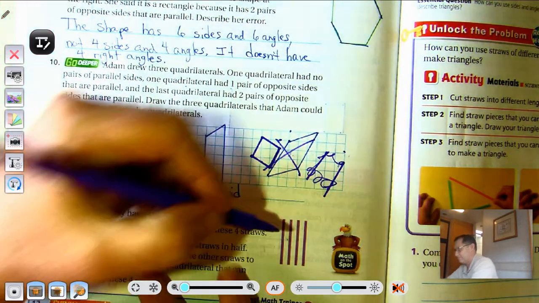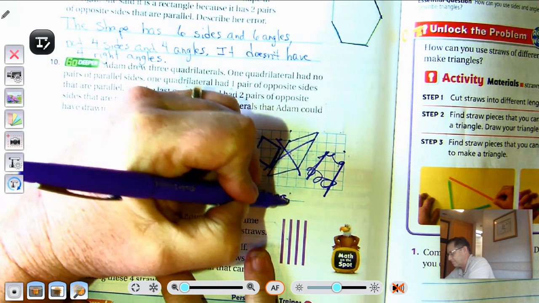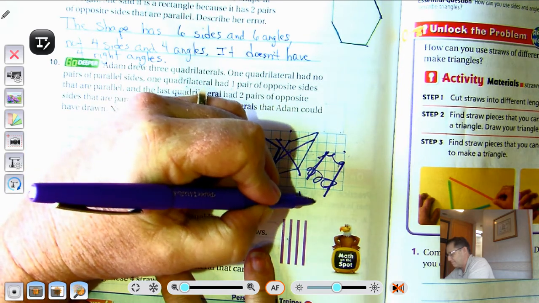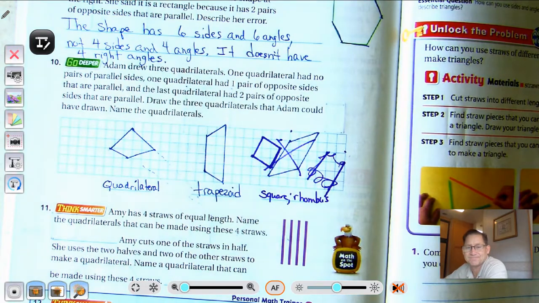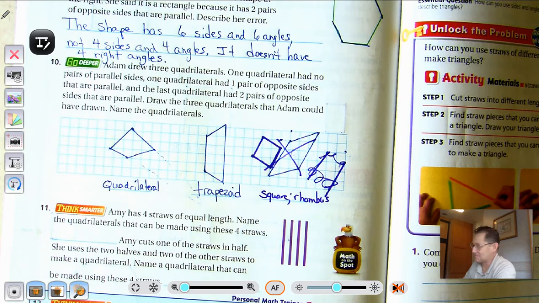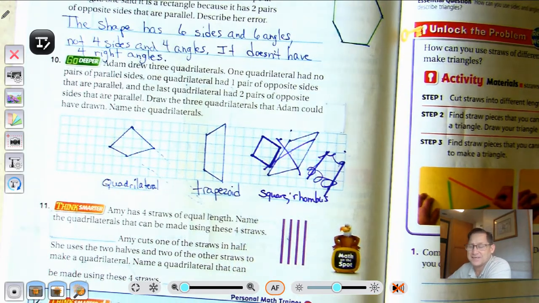Okay, so actually, after all that, I wound up drawing a square. It's also called a rhombus, right? Okay. All right, so let's discuss some things that would have been even a little easier. Two pairs of opposite sides that are parallel.